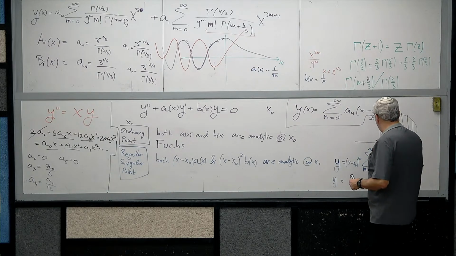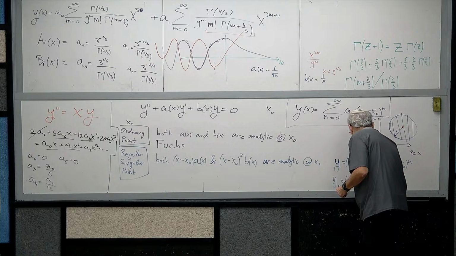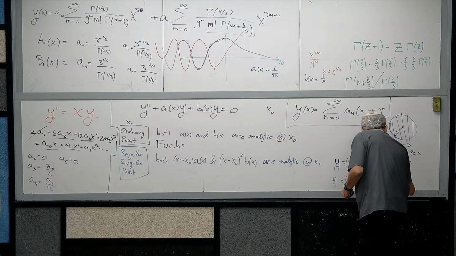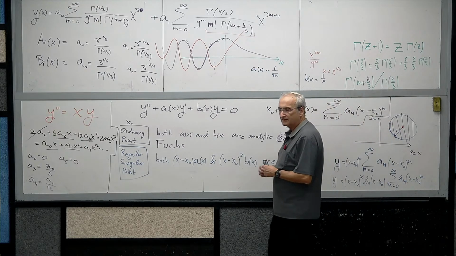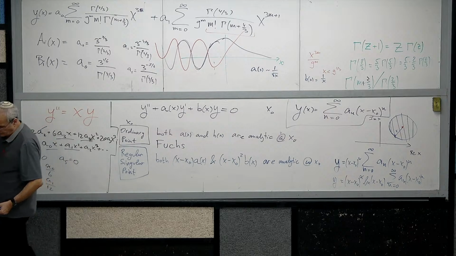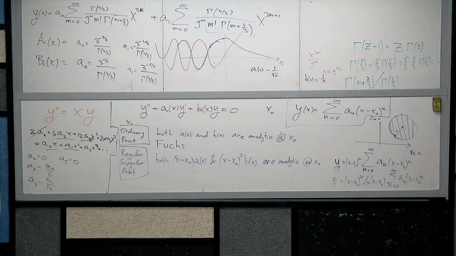And if life is bad, then it will be something like x minus x naught to the alpha times ln of x minus x naught times sum from n equals 0 to infinity of a_n times x minus x naught to the power n. So it has two solutions. One of them for sure will take this form. The other one is either taking this form or is a little bit uglier and has this logarithmic term.